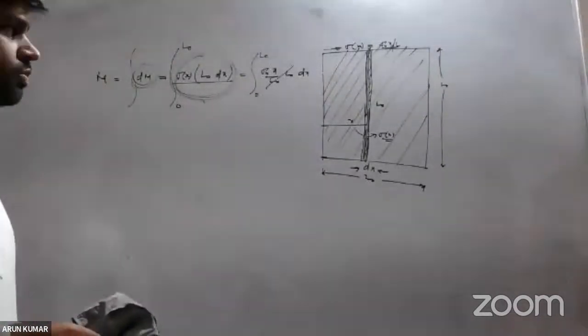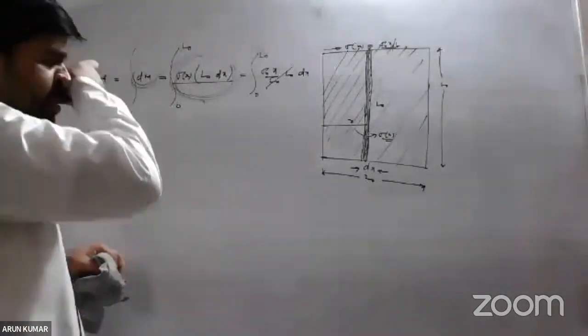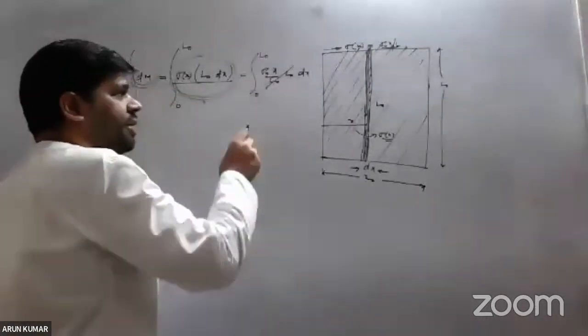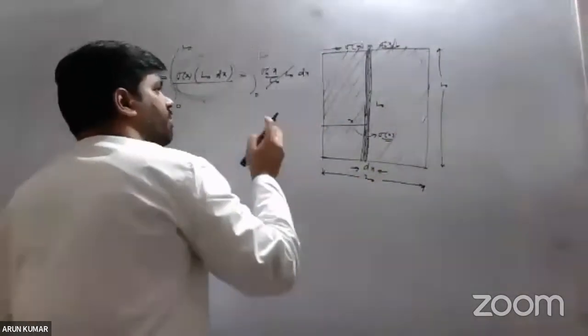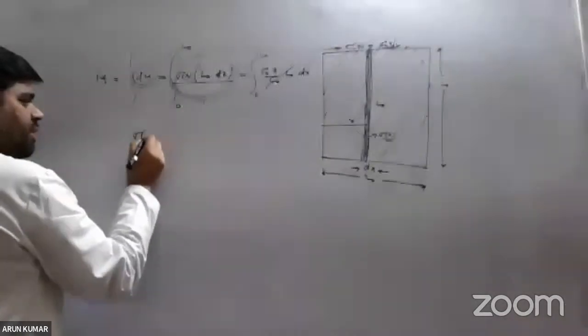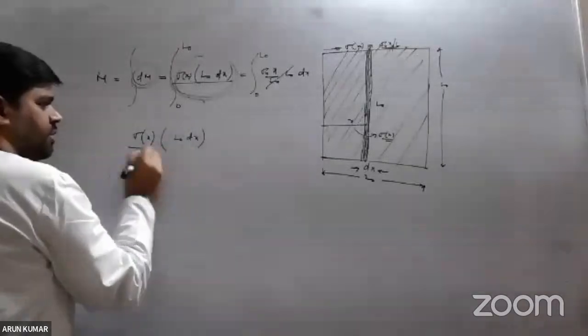All right. So now let us say sigma is varying with x as sigma naught into x by L. I have to find the mass of this whole plate. So what is the mass of the whole plate? Sigma of x into the area of the strip L naught dx is my dm.